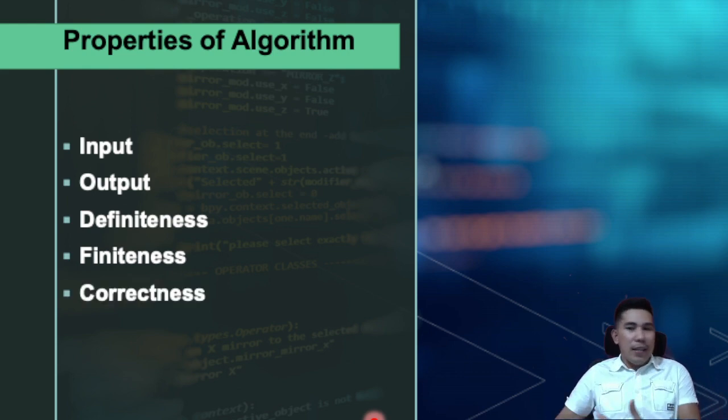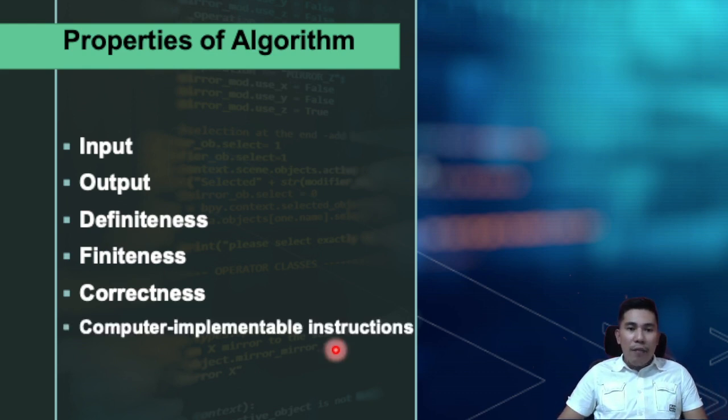It means that every step of the algorithm must generate a correct output, so we should arrive at a correct or accurate output. And then lastly, we have computer-implementable instructions. Of course, as we are talking about computer science related problems, the steps should be understood by the computer.